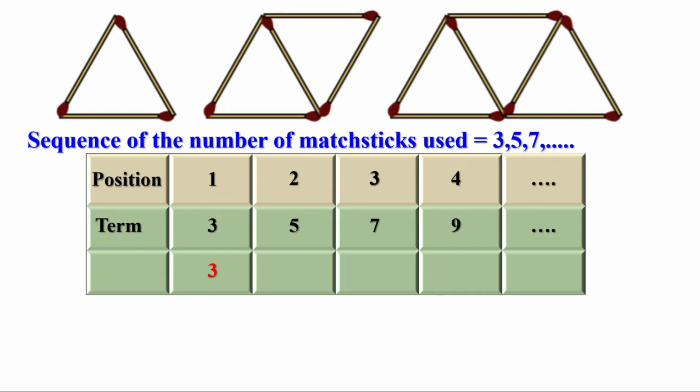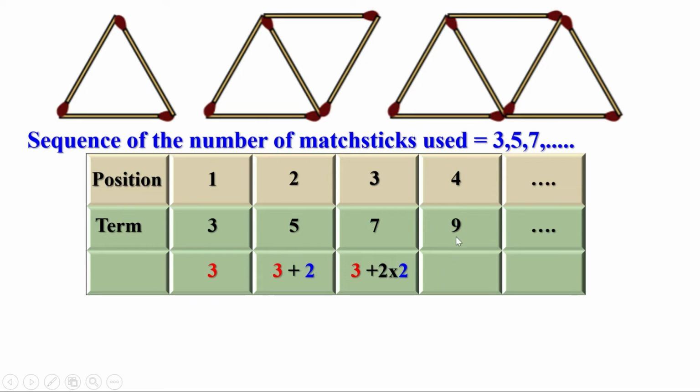To make an additional triangle, no need of 3 matchsticks, we need only 2 matchsticks. So it can be written as 3 plus 2. 3 for the first triangle and 2 for the additional triangle. Now 7 can be written as 3 for the first triangle and 2 for each additional triangle. There are 2 additional triangles, so 2 2s.